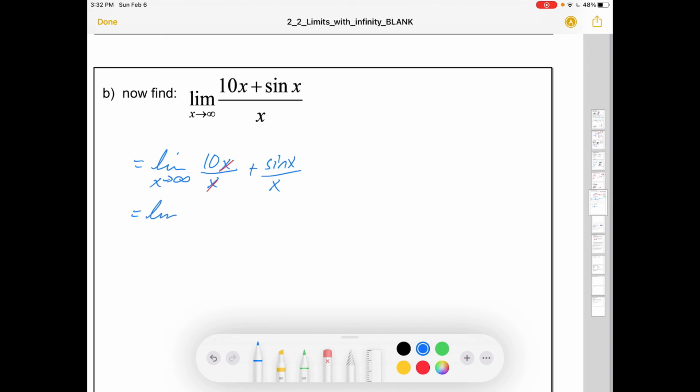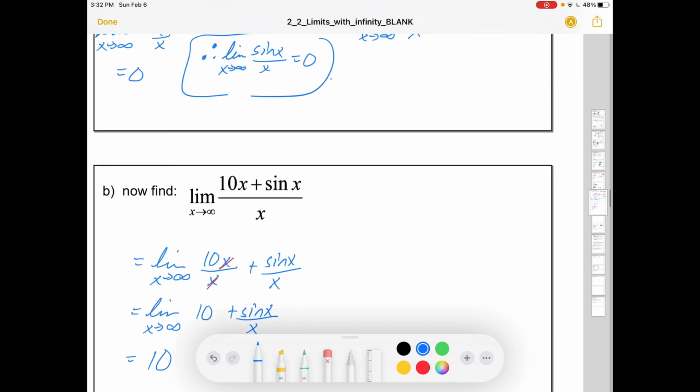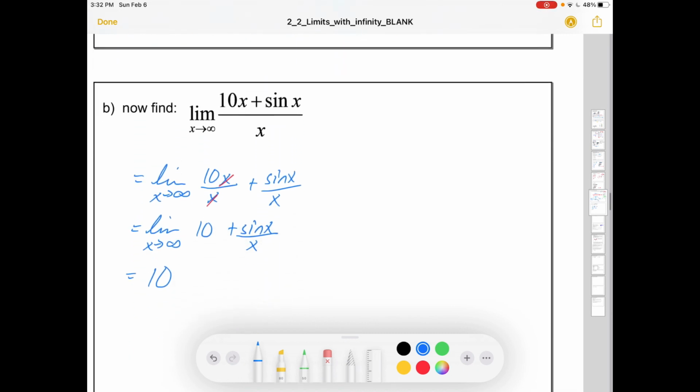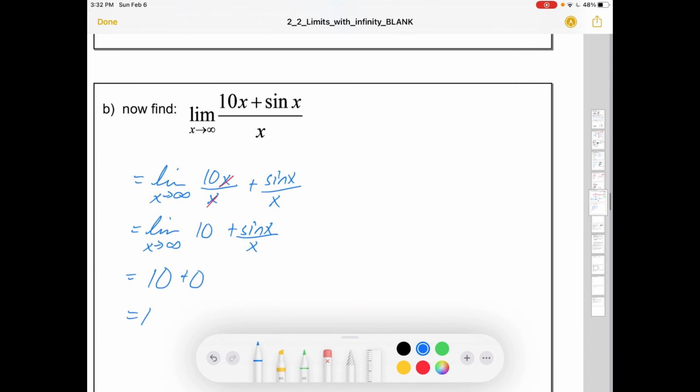You can do all sorts of wild stuff before subbing in limit land. And so what will we get? As x goes to infinity, 10 is just 10. And sine x over x as x goes to infinity, we just showed, is 0. So this one should be 10. And you can take a look at the graph and verify that.